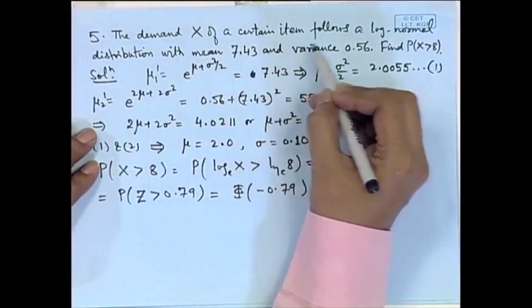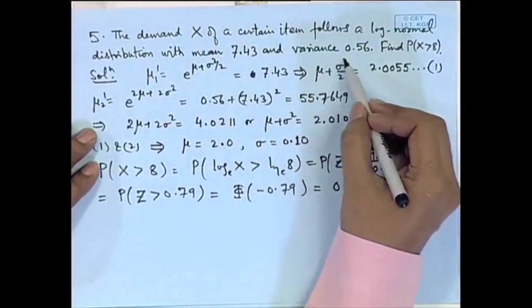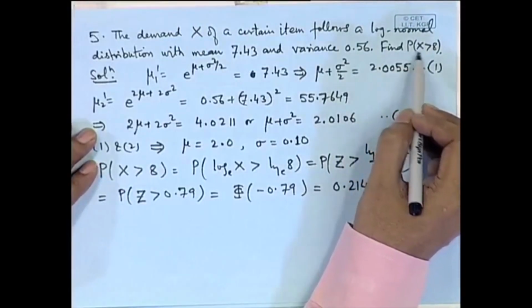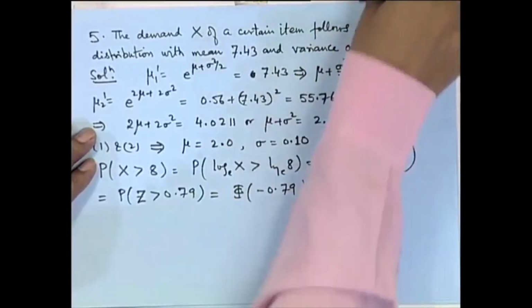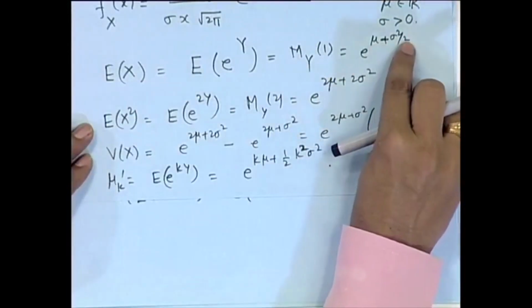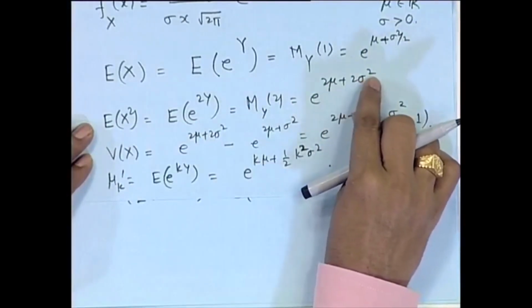Suppose the demand of a certain item follows a log normal distribution with mean 7.43 and variance 0.56. What is the probability that X is greater than 8? If we utilize this formula, the mean of a log normal distribution is e to the power mu plus sigma square by 2. The second moment is e to the power 2 mu plus 2 sigma square.